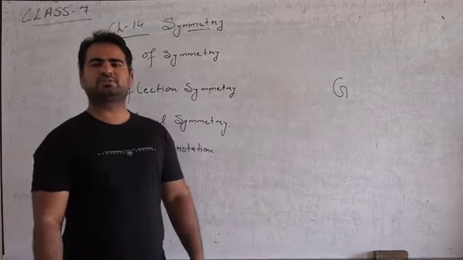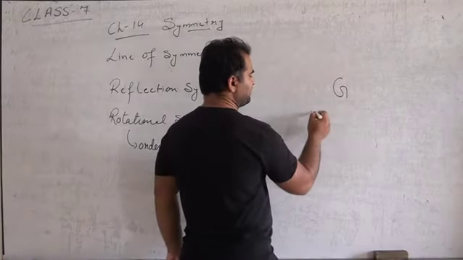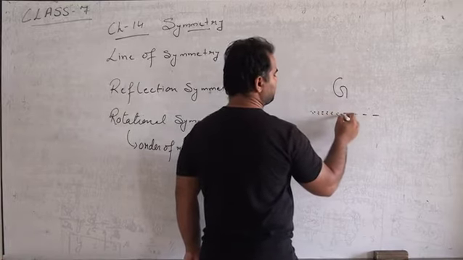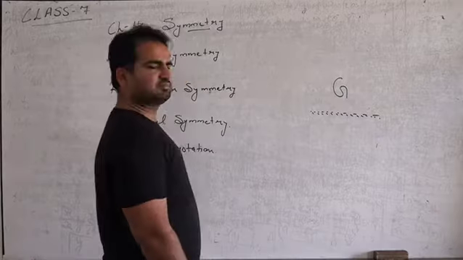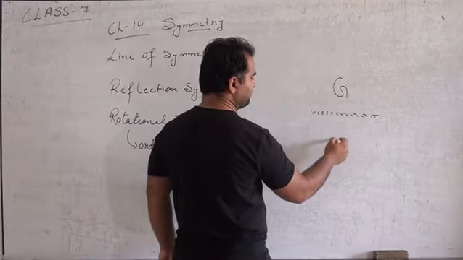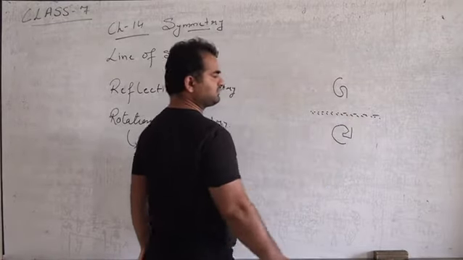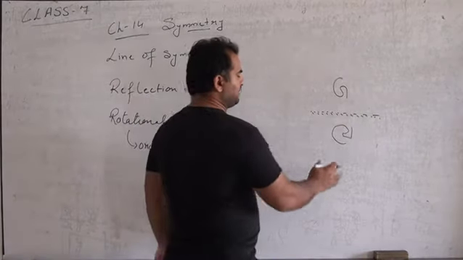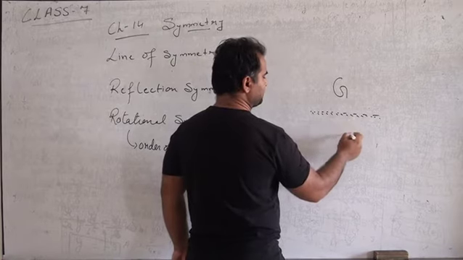What I have written is G. If we place a mirror horizontally to it, then what will I have? I will have a figure like this. It was like this.